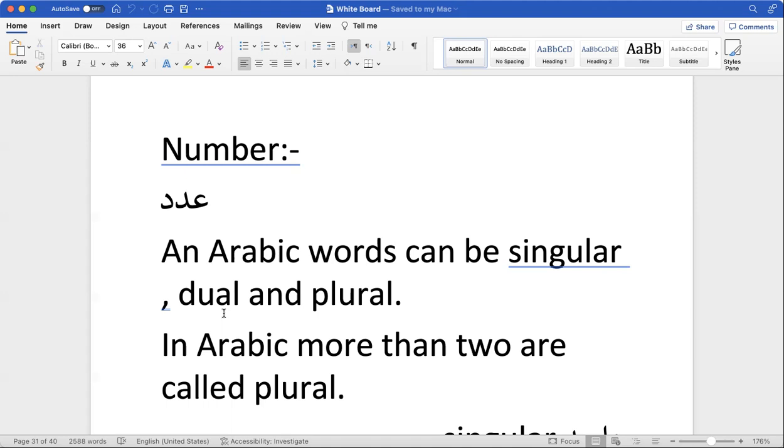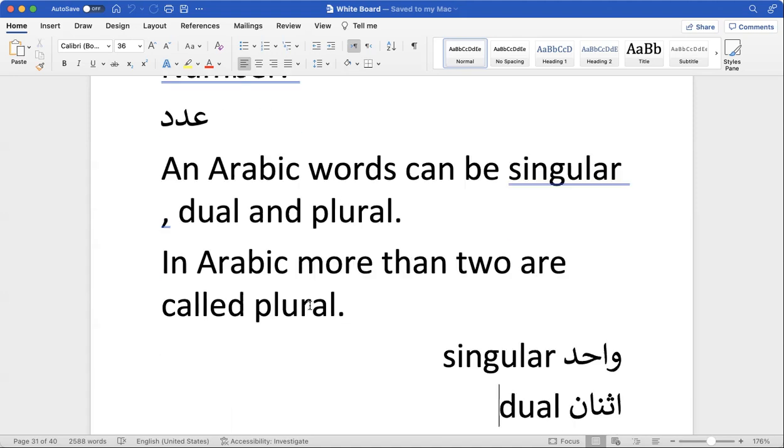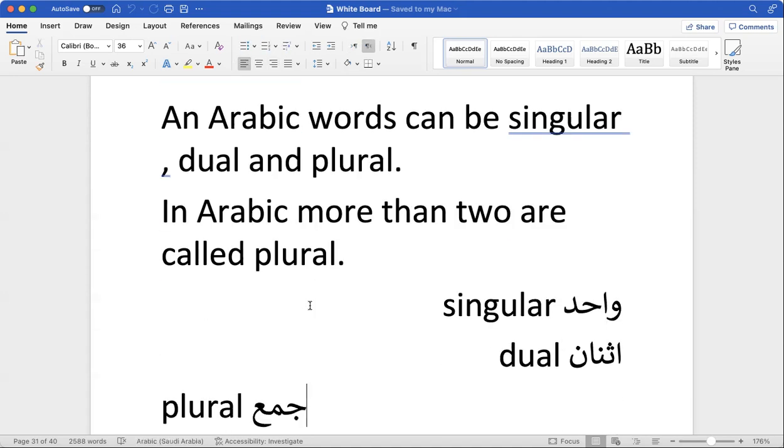So yesterday we have seen, as far as dual is concerned, wahid, singular, is concerned. It's okay to understand or to get it. For example, if I write Muslimun, it means one Muslim, right? So isnan is also clear. Any words ending with ani sound or aini sound, if you go to that Muslimun and Muslimatun chart, in that we have the dual column.